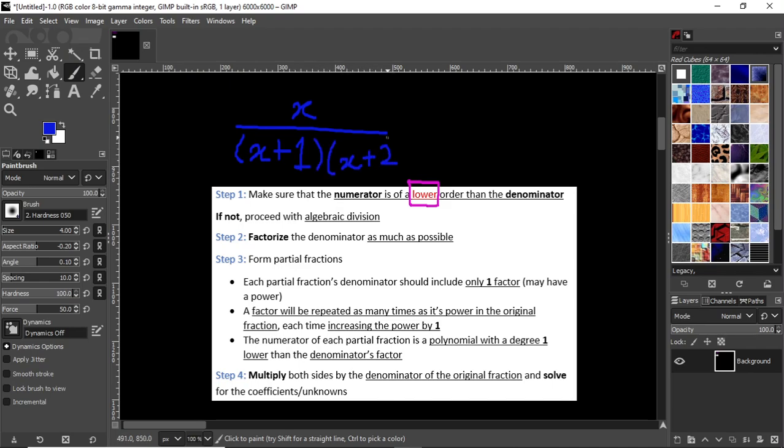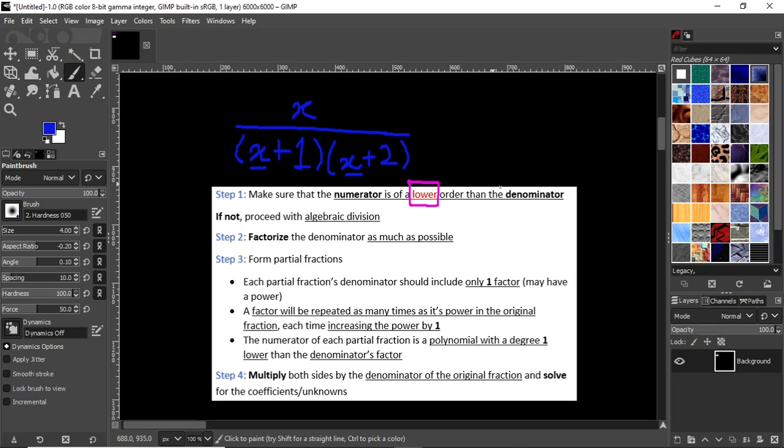This is fine, because here the order of the numerator is 1, the highest power of x is 1, pretty evident. And in the denominator, you have x here, you have x here, and if you multiply them, you get x into x, that's x squared.